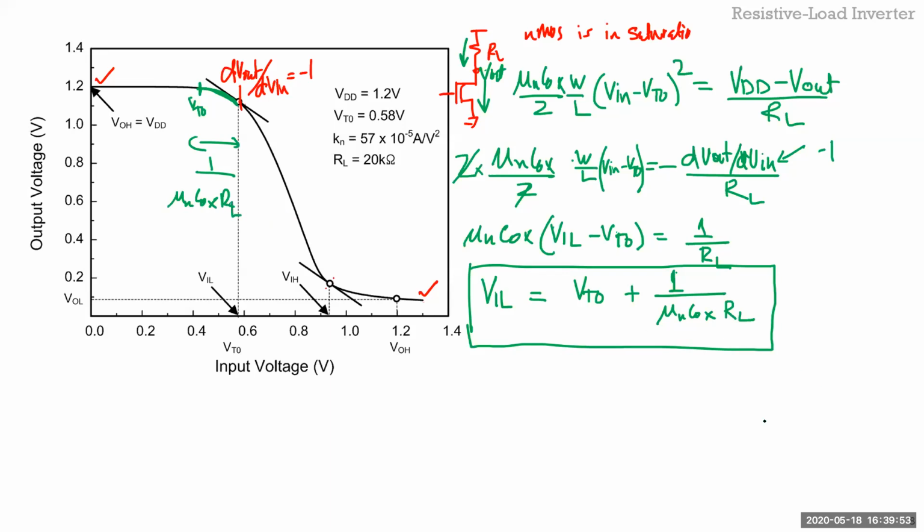So depending on your resistor value and your mobility of the transistor, this quantity will be decided. Obviously you want this quantity to be large, which means you want this product to be small. In other words, what you want is for the NMOS to hold on as long as possible.